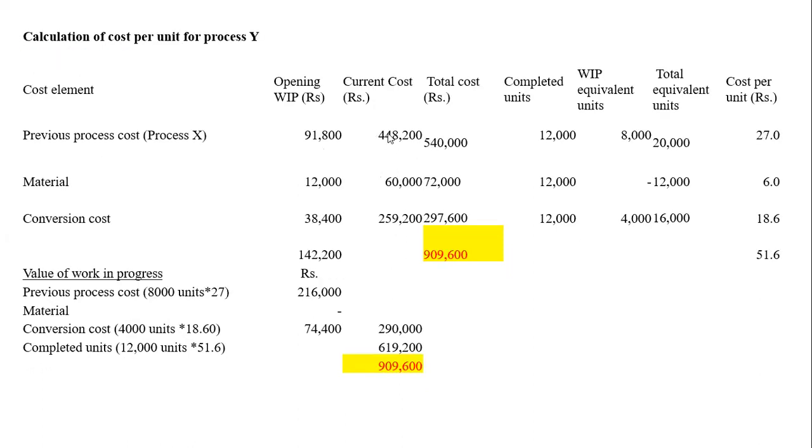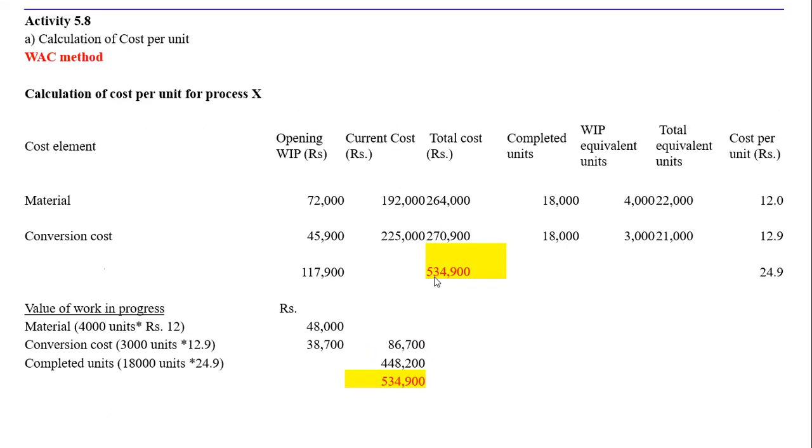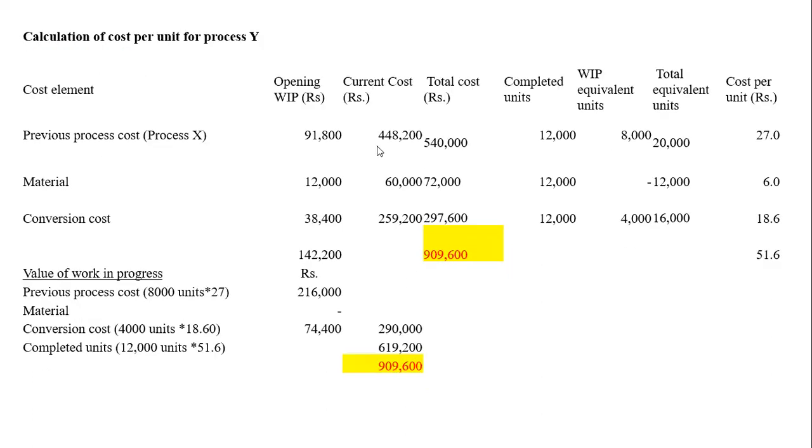You can see it here. Previous process cost transferred: 448,200. It is the amount that we calculated here, the value of completed units that would be transferred to process Y. So therefore, this is an introductory cost for process Y.